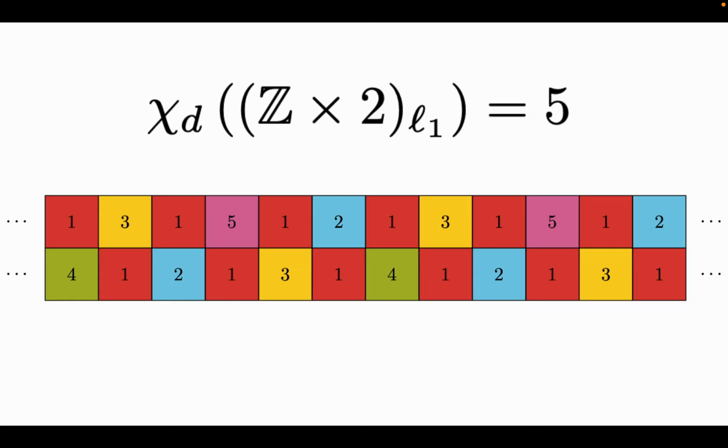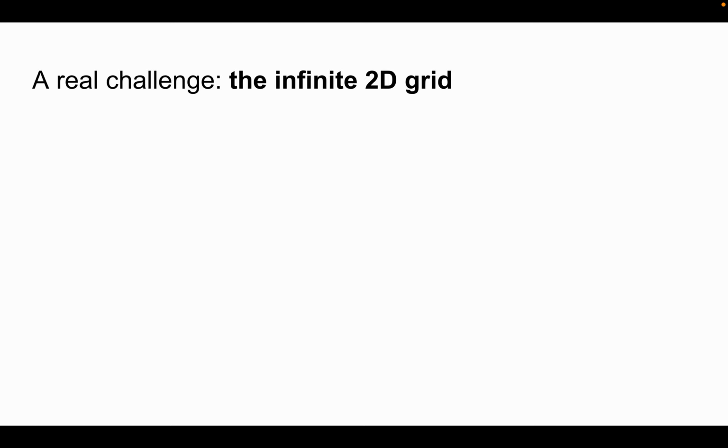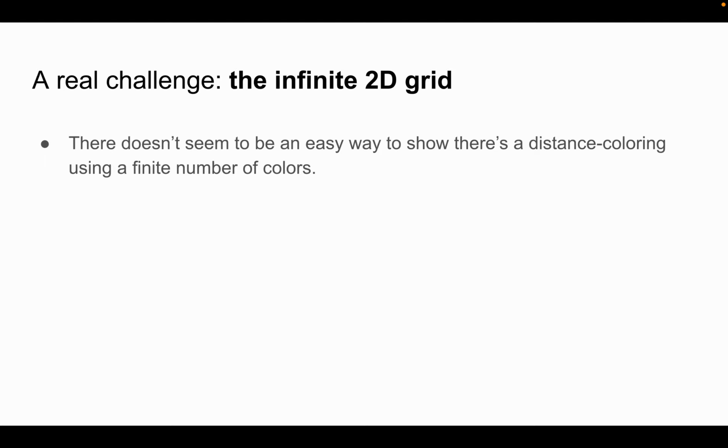By similar manual arguments, one can show that the distance coloring number of the infinite grid with 2 rows is exactly 5. A real challenge, however, arrives when we consider the infinite two-dimensional grid. There doesn't seem to be an easy way to show that there's a distance coloring using a finite number of colors for this graph.